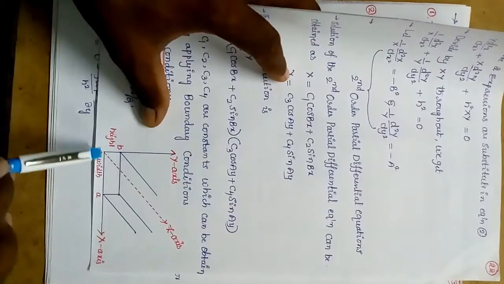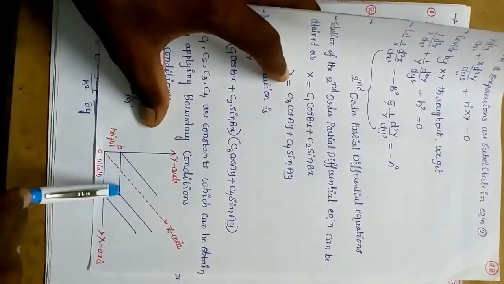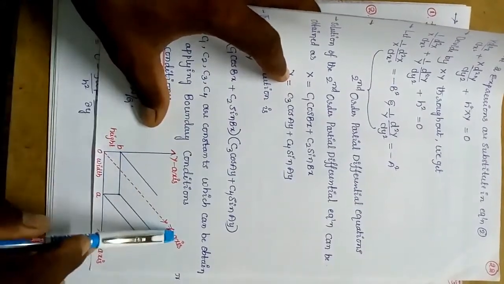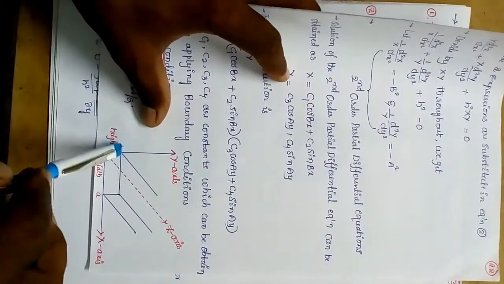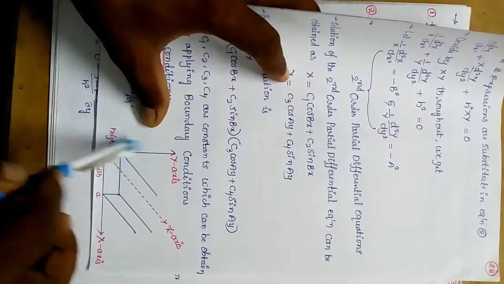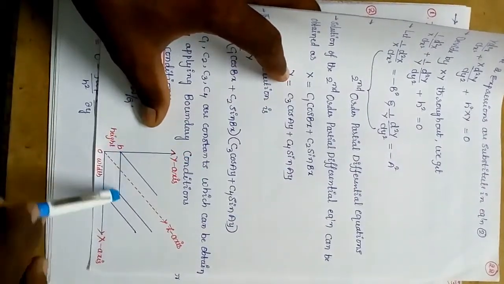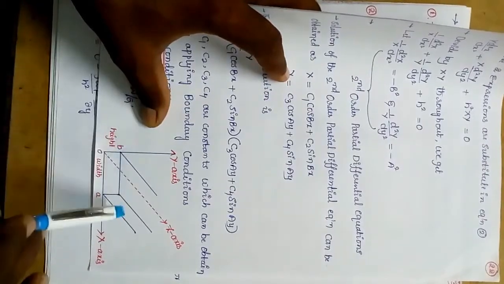Because Ez exists from 0 to something, but here I am talking about the top wall, so that's why Ez is equal to 0, Ex is equal to 0, but y is equal to b. The top wall starts at b, so that's why I'm taking y is equal to b. Next, here x is present from 0 to a.